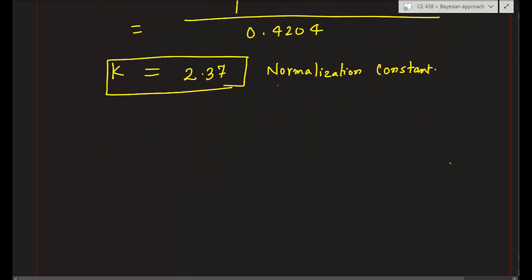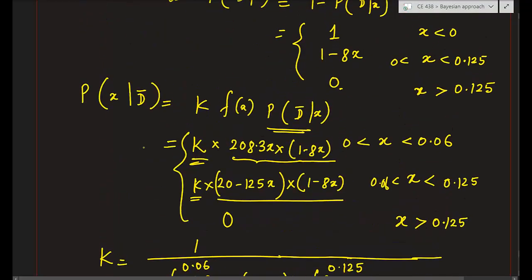Now let us plug in this normalization constant, and we can rewrite the corresponding posterior distribution. Basically I have written this equation in terms of PDF.